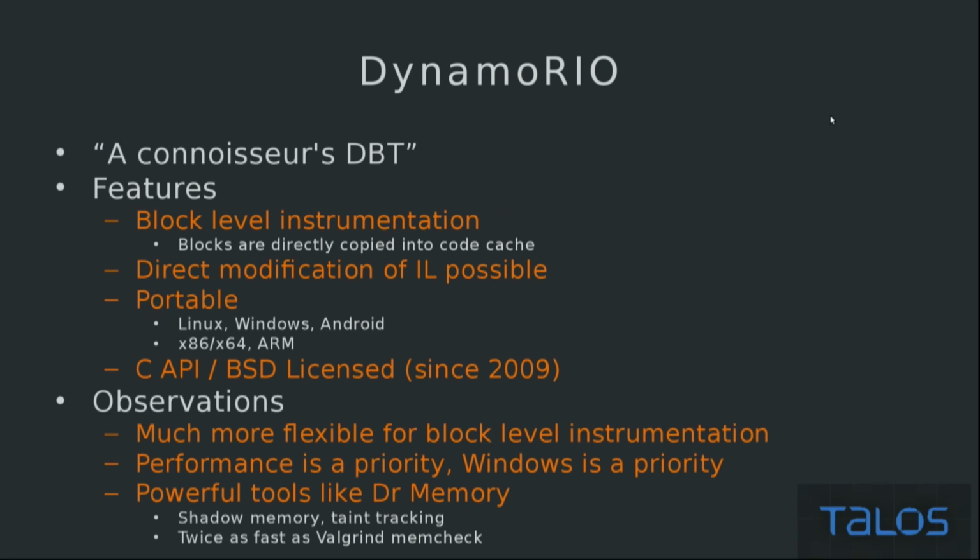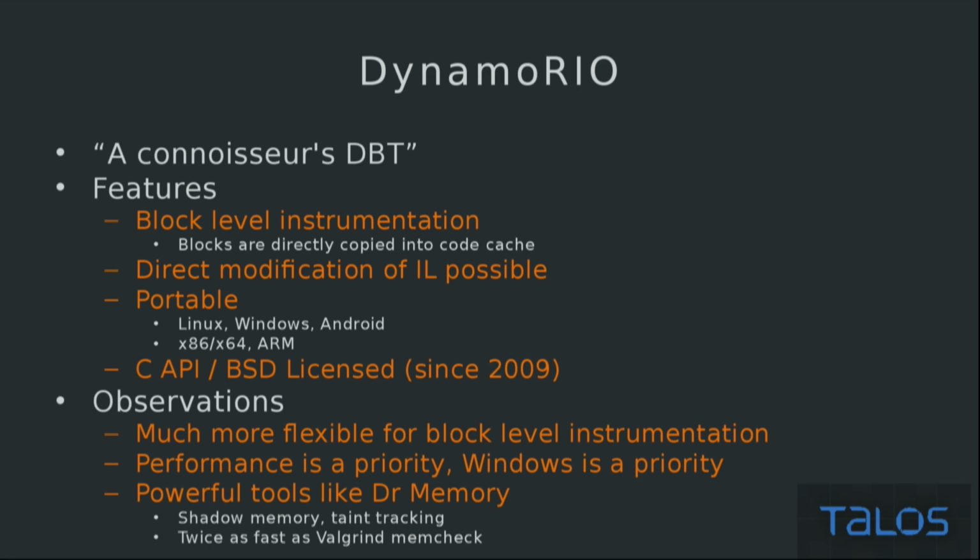So DynamoRIO is essentially a much deeper introspection on a DBT. It allows you to directly modify the AST that's inside the instrumentation engine. So when it loads your binary and it discovers a new basic block, it converts that block into an AST internally, and then it allows you to actually do checks on the registers, the flags, everything you want to do.